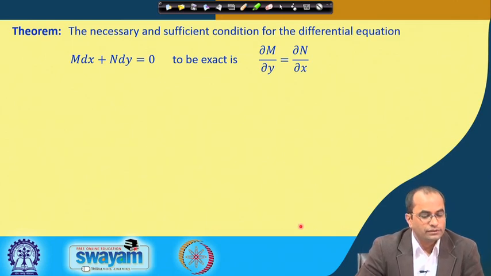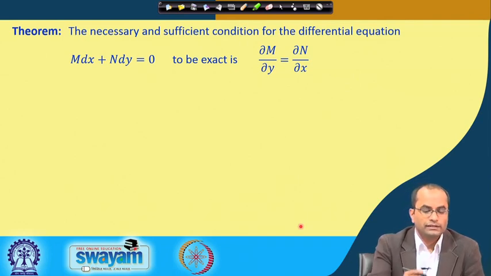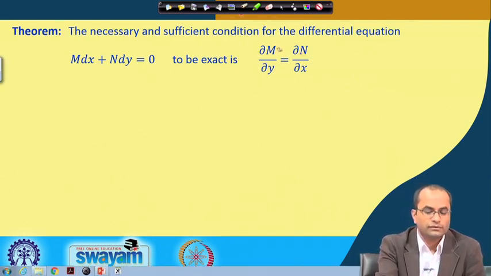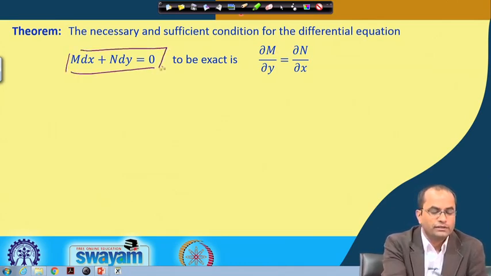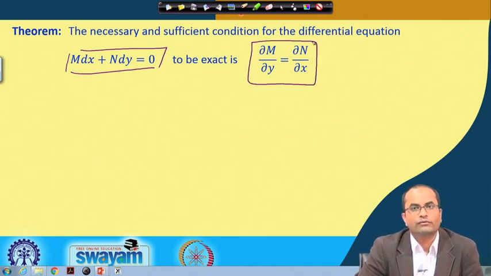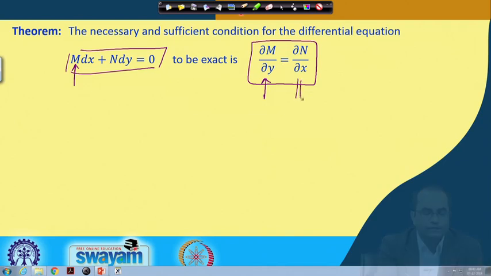So, there is a nice result here about the necessary and sufficient conditions for the differential equation to be exact. The necessary and sufficient condition for a differential equation M dx plus N dy to be exact is exactly this one: del M over del y should be equal to del N over del x.